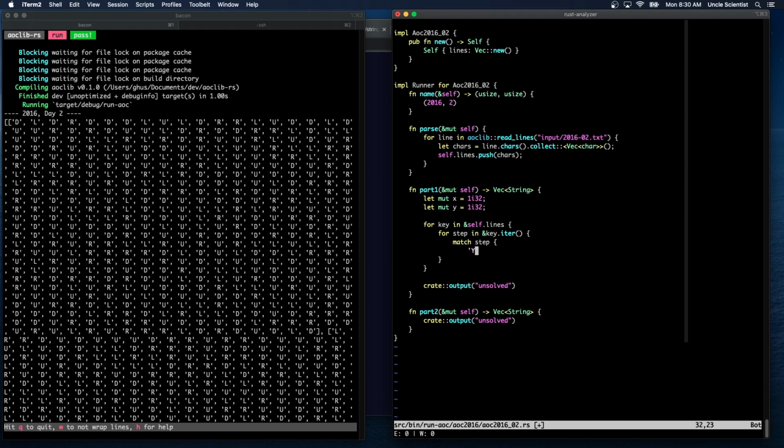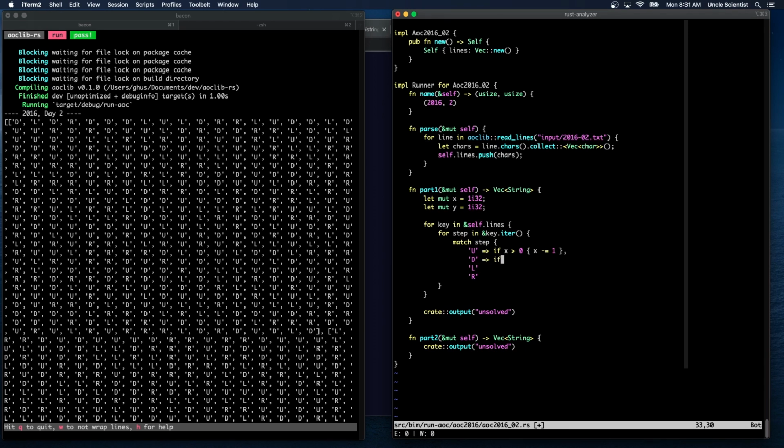So U, D, L, and R. If we're going to go up, we have to say if x is greater than 0, x minus equals 1.